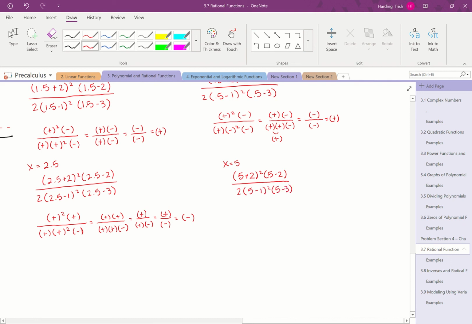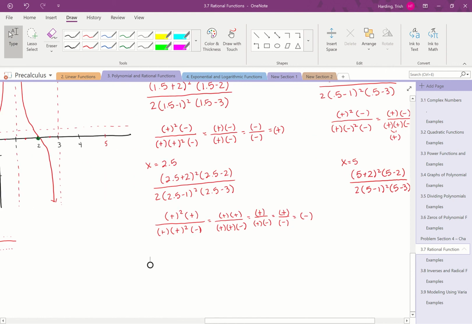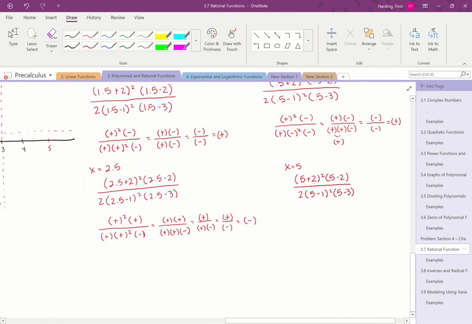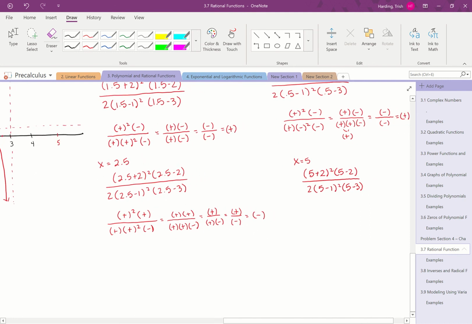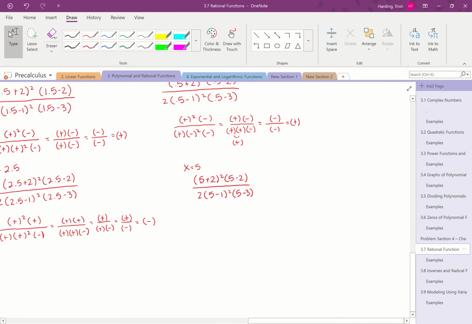Okay, and this one, since I have that horizontal asymptote, I am going to go ahead and evaluate it to see if it will cross that asymptote. All right, and notice it will not cross the x-axis. So whatever side it is on is the side it will stay on.